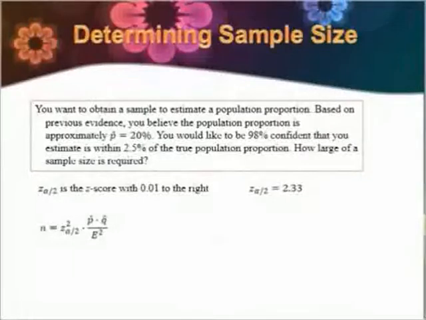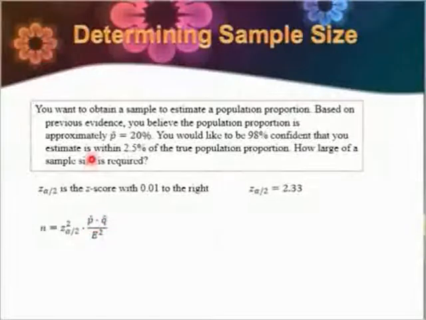Now let's calculate the sample size. We found our critical value. What we need to do now is find p hat, q hat, and our margin of error. Well, p hat we decided was going to be 0.2, because based on previous evidence, we're expecting the population proportion to be 0.2. Q hat then would be 0.8, or 1 minus 0.2.